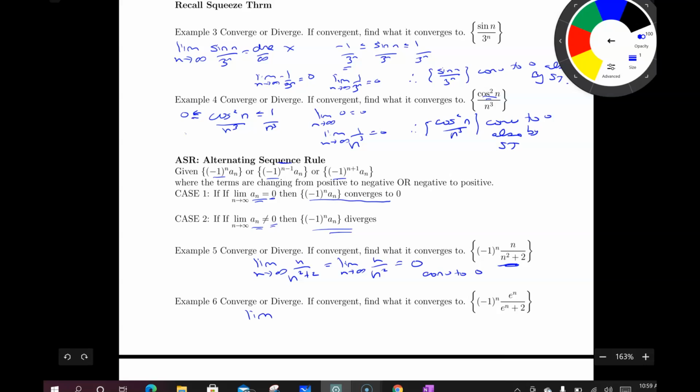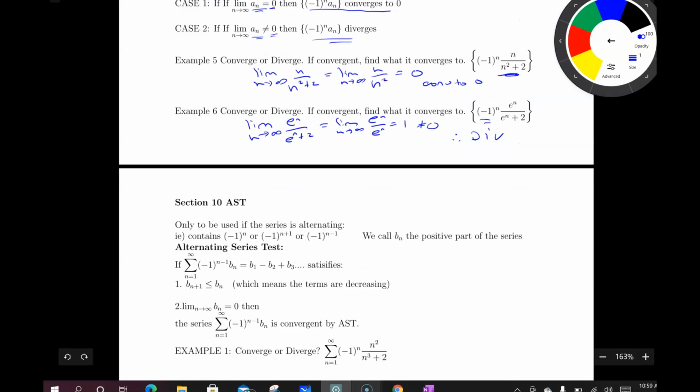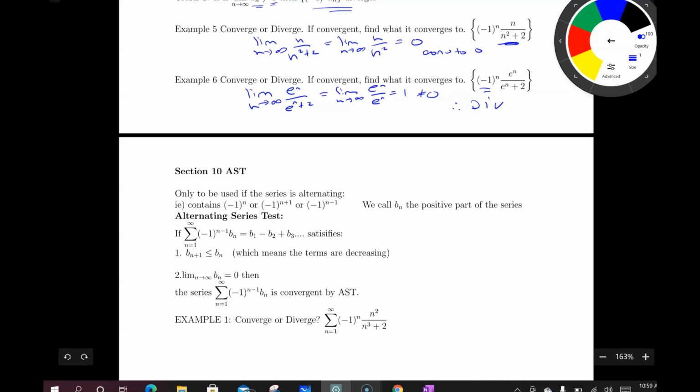If I take the limit of the nth term on this problem, taking highest powers, I get e to the n over e to the n, that's 1. Since it doesn't equal 0, this one diverges, right? Because of the alternating sign. So that was a little bit of review, things we've done so far.